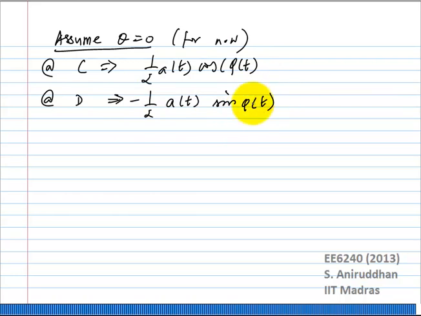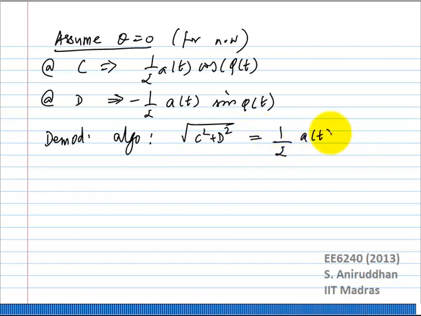And we said if you want to demodulate the signal or retrieve the signal, you could do root of C squared plus D squared. This will give you half A of t, so this will help you retrieve the AM component. Okay.